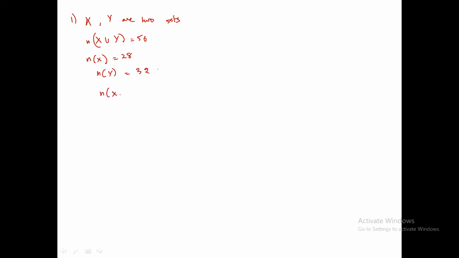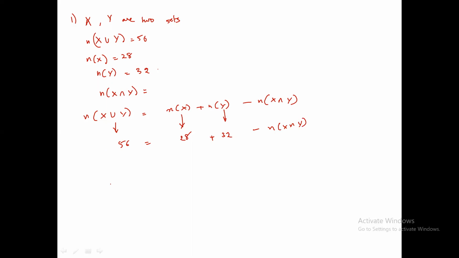You have to find the number of elements in X intersection Y. So you take the formula: n of X union Y is equal to n of X plus n of Y minus n of X intersection Y. We know n of X union Y, n of X is 28 and n of Y is 32. We don't know n of X intersection Y.